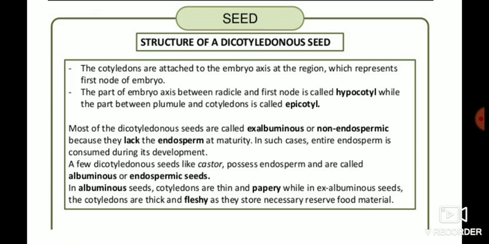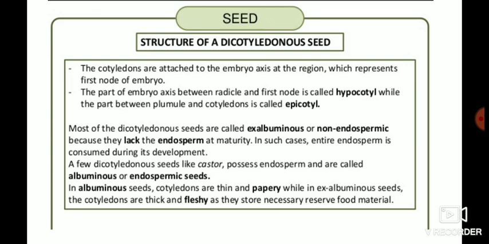The part of the embryo axis between the radicle and the first node is called hypocotyl, while the part between the plumule, the future shoot, and the cotyledons is called the epicotyl.